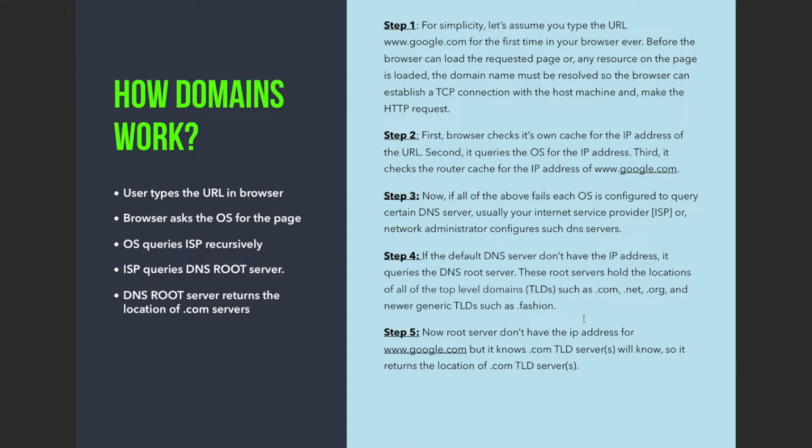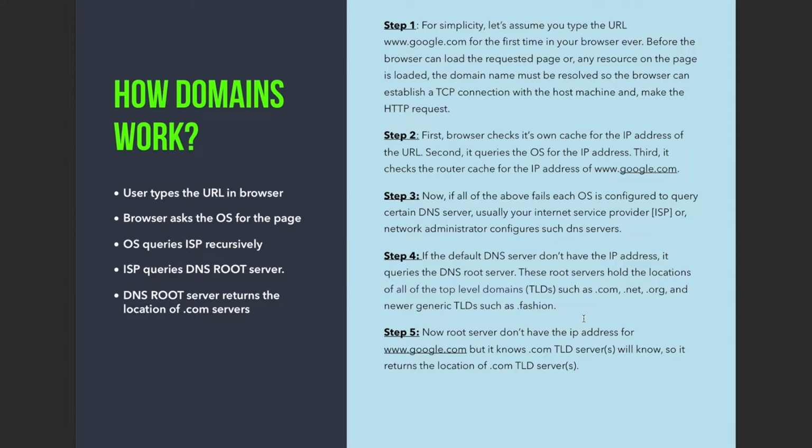So in step 1, we go to our browser, type the domain name and hit enter. Now it's the browser's responsibility to convert the domain name into an IP address, find the machine so that it can establish a TCP connection with the host machine and make an HTTP request to load the page.